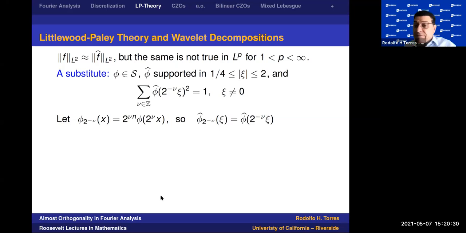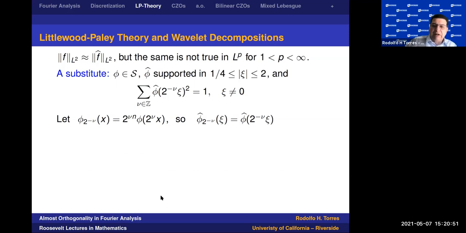But that's very far from being true in LP. There's nothing similar to that in LP, so it doesn't preserve the LP norm. And so we would like to be able to compute the LP norm of a function using information from the Fourier transform.